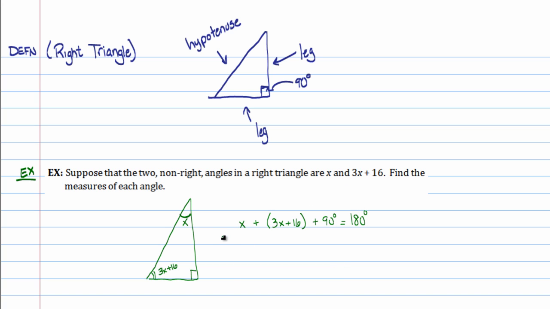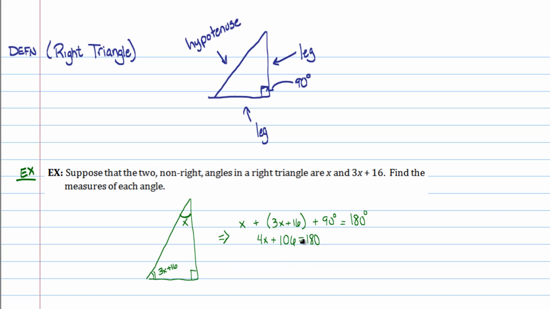And now as I'm writing this, under the prerequisites I should have said you should know how to solve an equation. So what we'll do is we'll combine like terms, or actually clean up the left-hand side by combining like terms. So we'll have 4x plus, looks about to be 106.